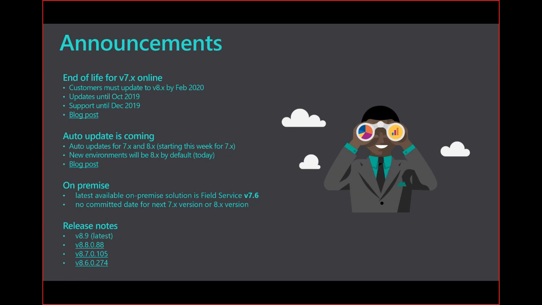We suggest that organizations do this on a copy of production first, to validate that there's no disruptive impacts to both their field service online functions as well as their mobile functions, which there are some. Depending on the version that you're on now for your field service mobile functionality, you may have to update to a new project. So there is some work involved in moving from 7 to 8.